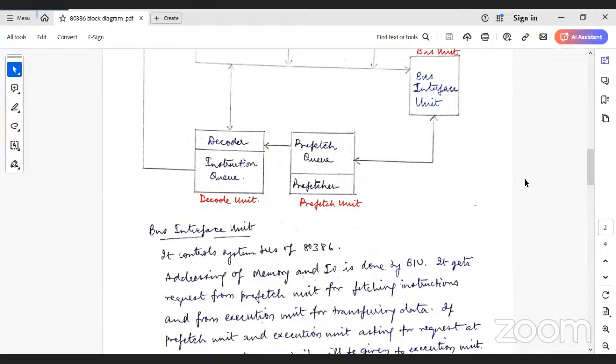So it controls the system bus of 80386. How much was the system bus in this case? Mainly your data bus and the address bus, each of 32 bits. So it controls your 32-bit data bus as well as the 32-bit address bus. Now, is the address bus unidirectional or bidirectional?